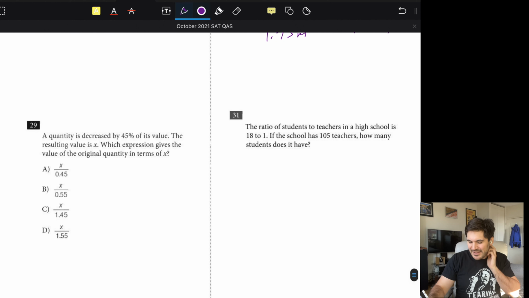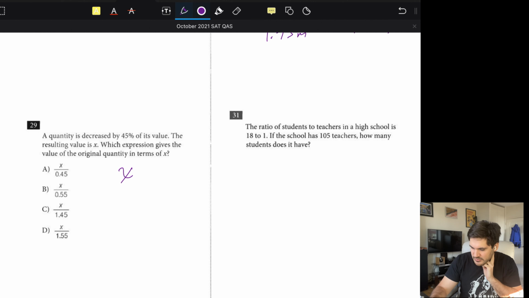So a quantity is decreased by 45% of its value. So for example, if we have x and we subtract 0.45x, we should have 0.55x left. Which of the following gives the original quantity in terms of x?